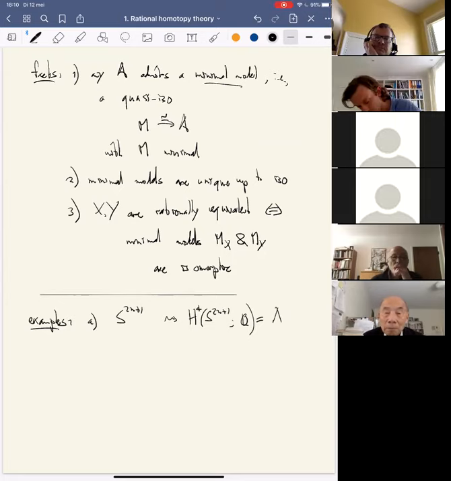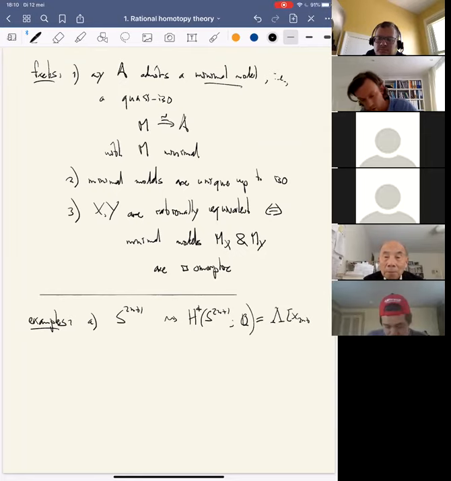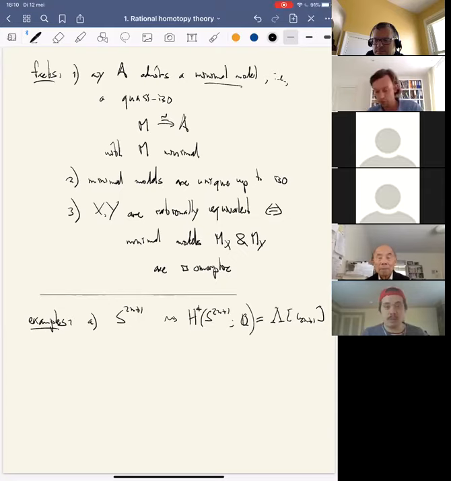This is an exterior algebra on, I was calling it iota, well, I guess I was using it for something else, but we just use iota for fundamental classes generically. This is free as a CDGA. So first of all, that makes it very easy to find a map.